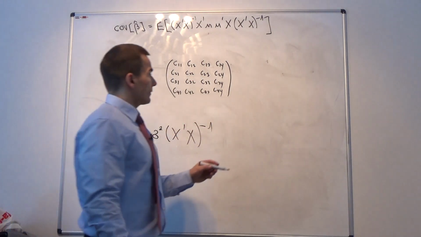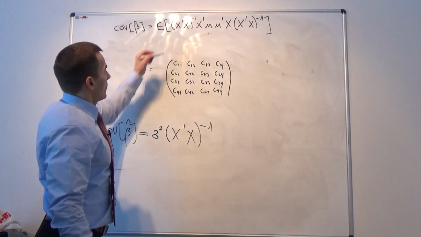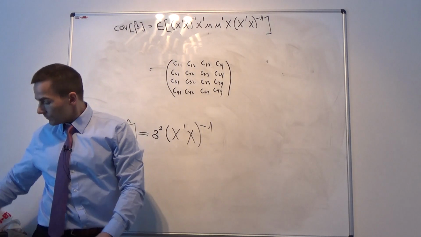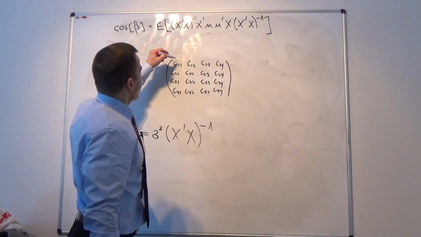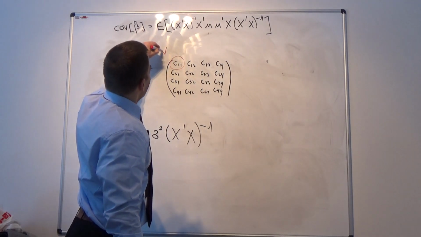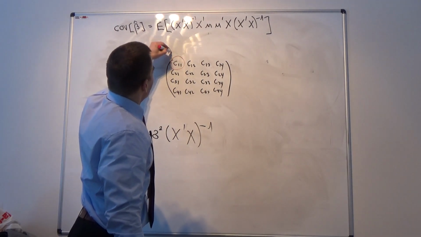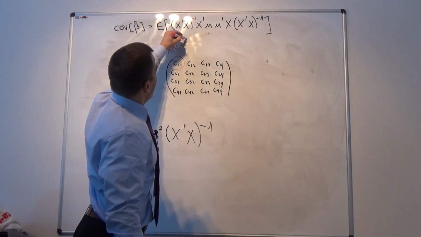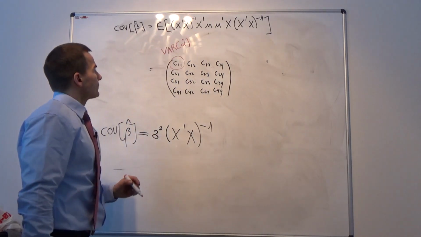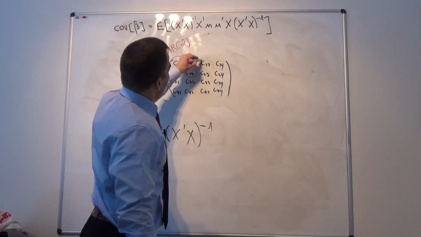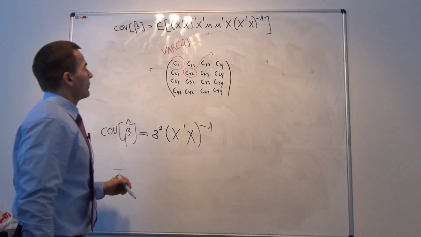So what's our C11? This guy here, that's the variance of our alpha hat. What's C22? The second element on the main diagonal.